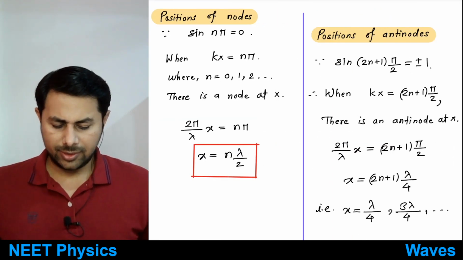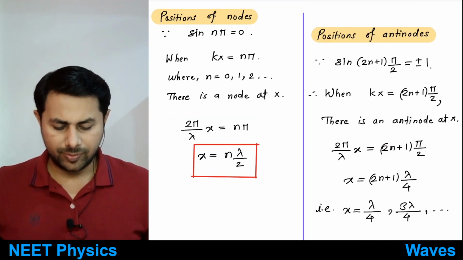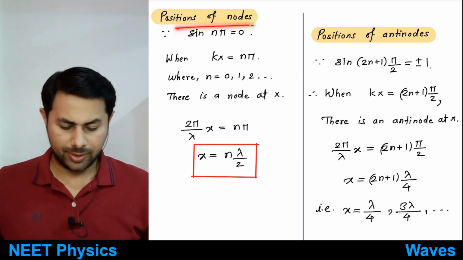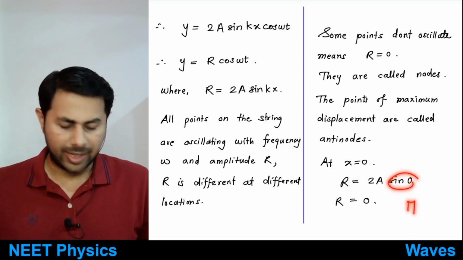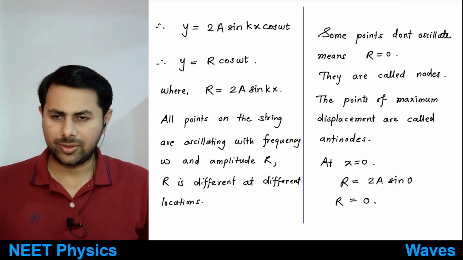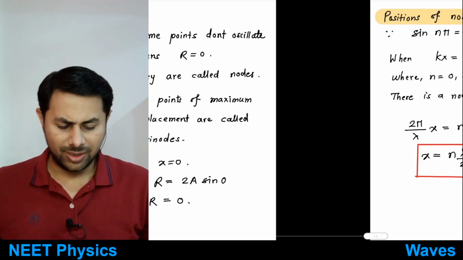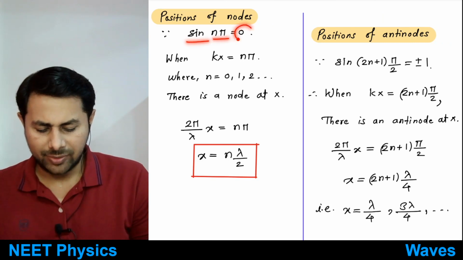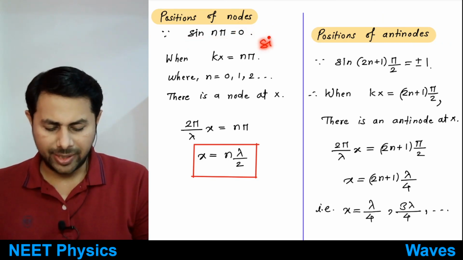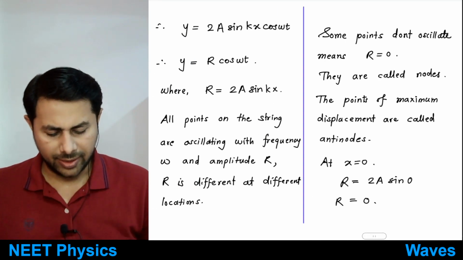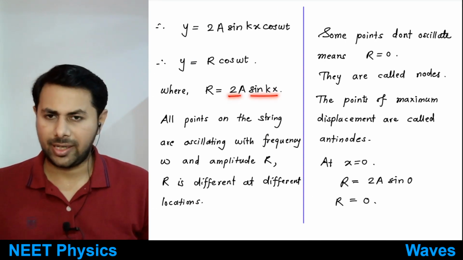And so if you want to find the position of nodes, sine of 0 equals 0, sine of pi is 0, sine of 2 pi is 0, sine of 3 pi is 0. So I can say sine of n pi is equal to 0. We have sine of kx in the amplitude term, our amplitude is 2a sine of kx.